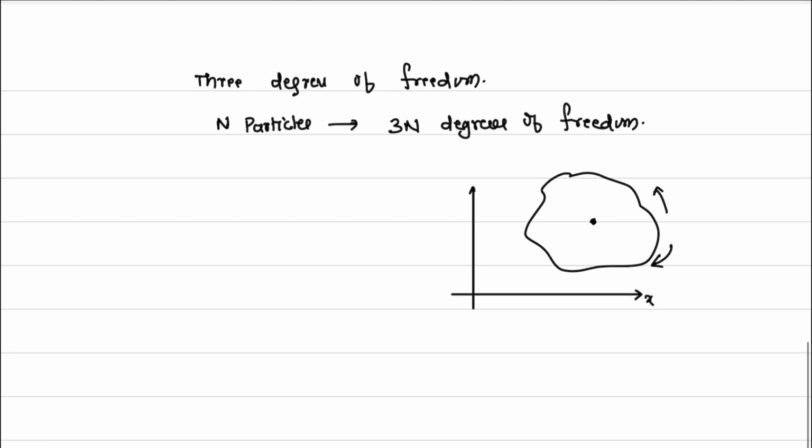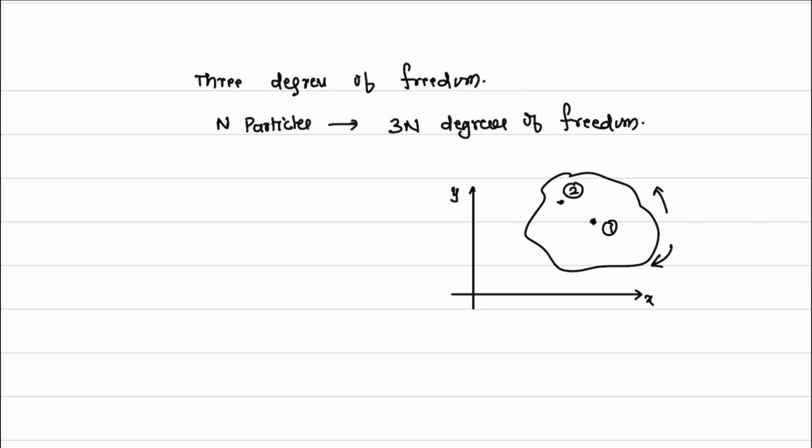Are you able to follow me? This is very important. And if I fix another point here, this is point 1, and I put another nail here, a second nail on the cardboard, still I will be able to move it.